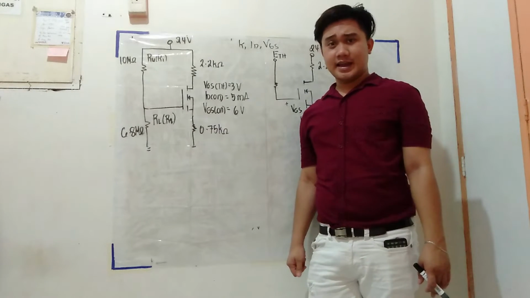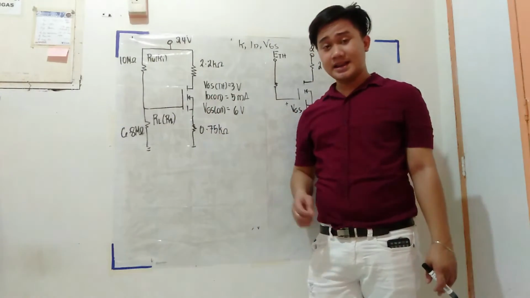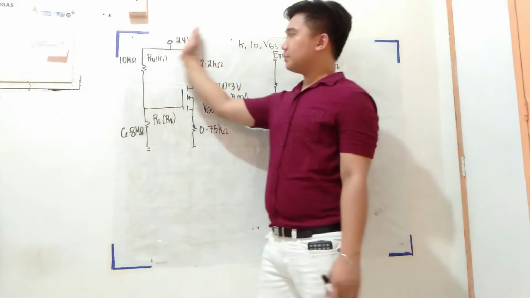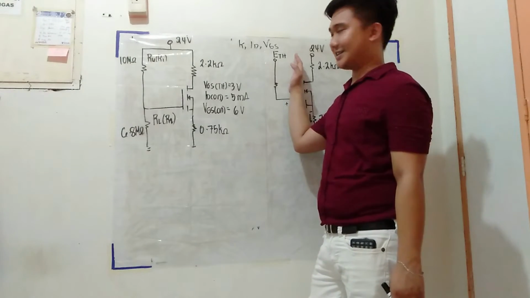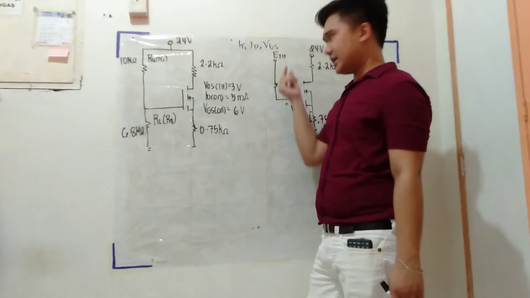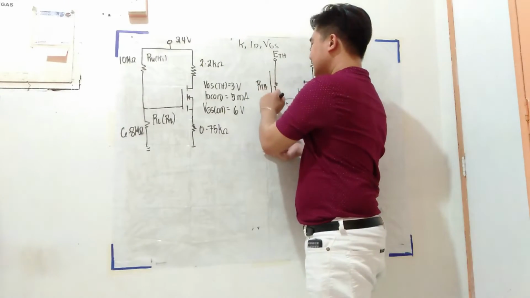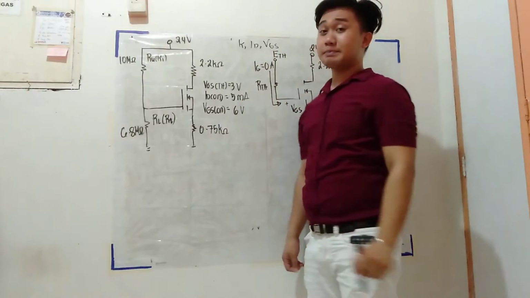So I have here a voltage divider bias circuit for an E-MOSFET. Okay? So still, itong part na to convert natin into its Thevenin equivalent circuit. So we need an ETH and we no longer need RTH since yung dadaan lang naman pong current dyan na si IG ay equal lang sa 0 amperes.